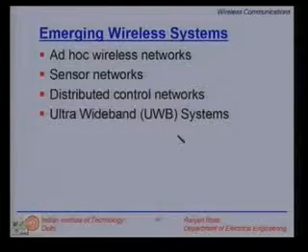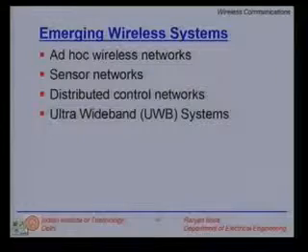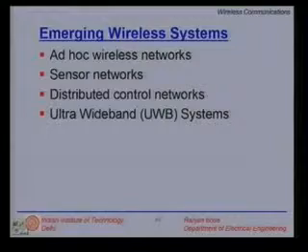Now, there are some emerging wireless systems which are fresh from the oven. One of the evolving technologies is ad hoc wireless networks. We'll briefly talk about it. Then another thing which is said to be one of the enabling technologies is sensor networks. Sensor networks would be instrumental in predicting massive disasters.